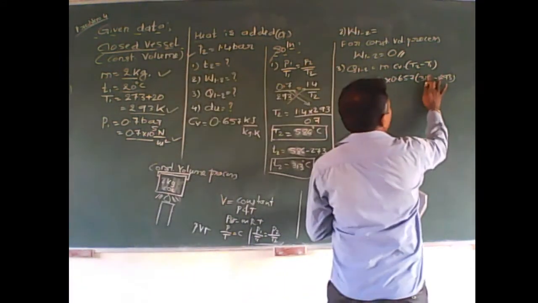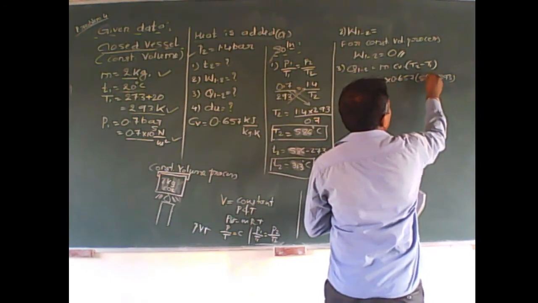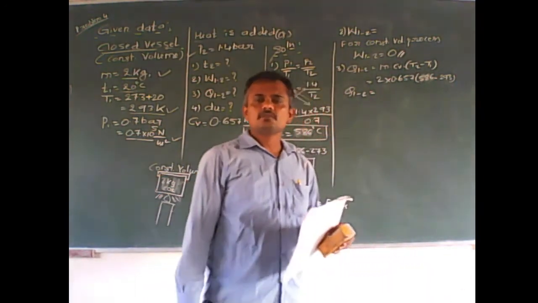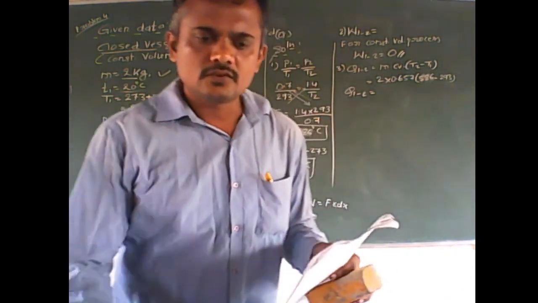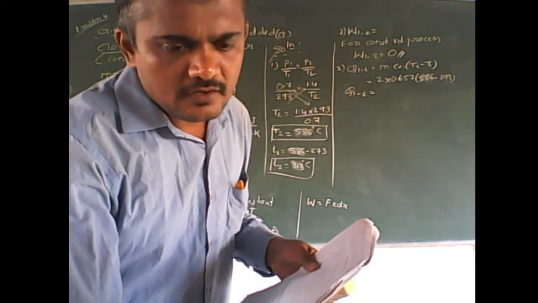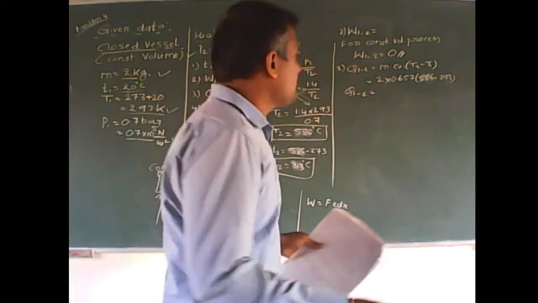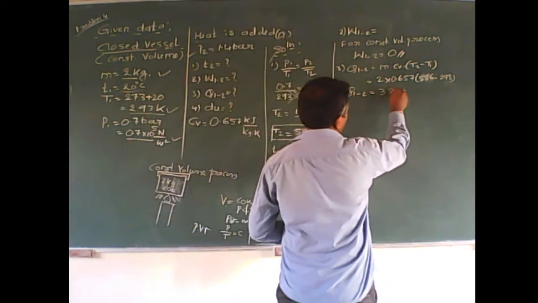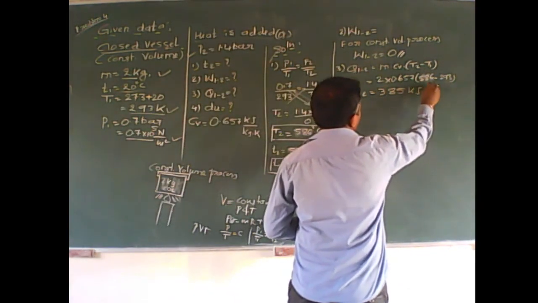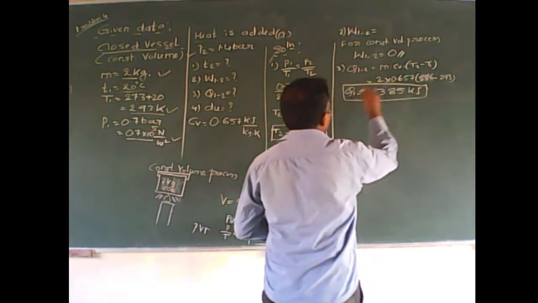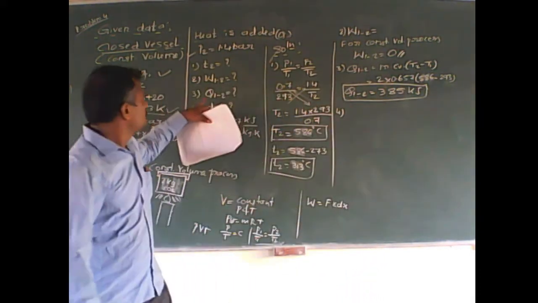So here I have to substitute 586 Kelvin. Ultimately we are getting the value of heat supplied as 385 kilojoules. 385 kilojoules. So this is the answer for heat supplied.